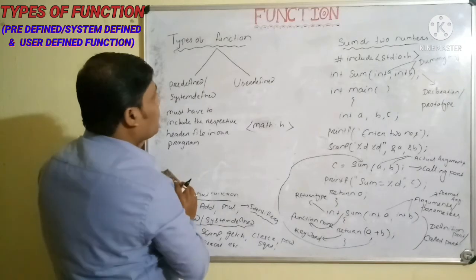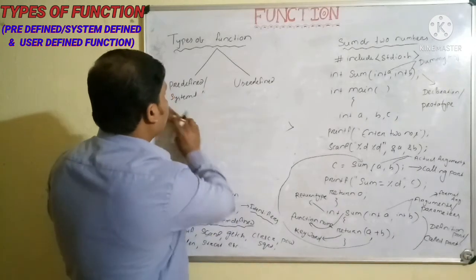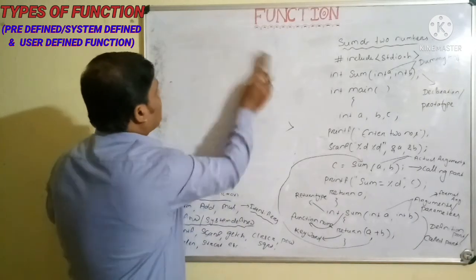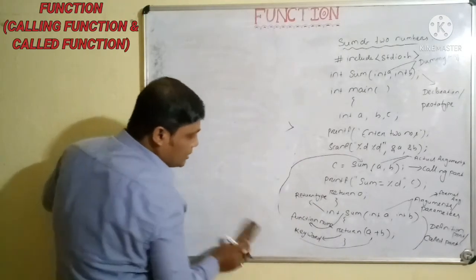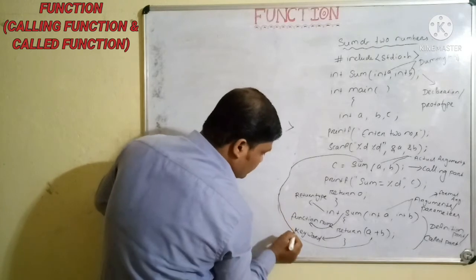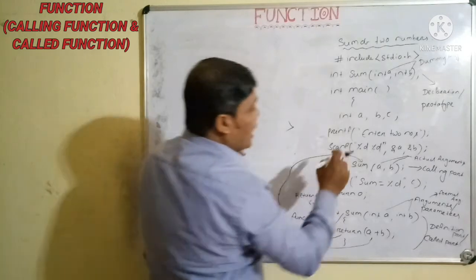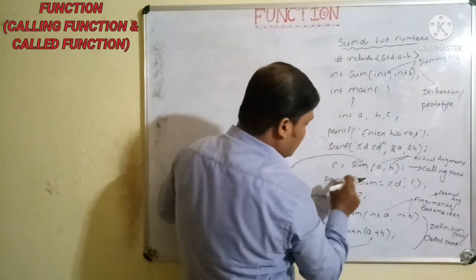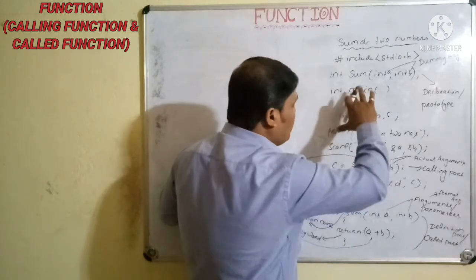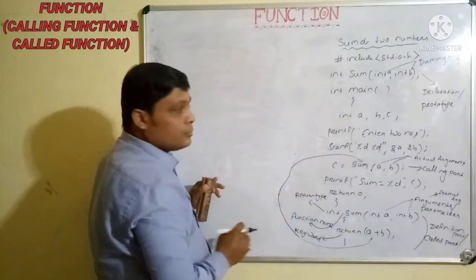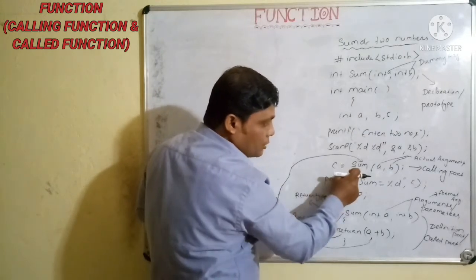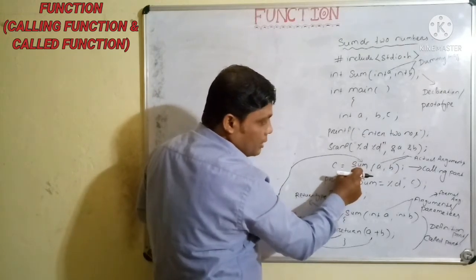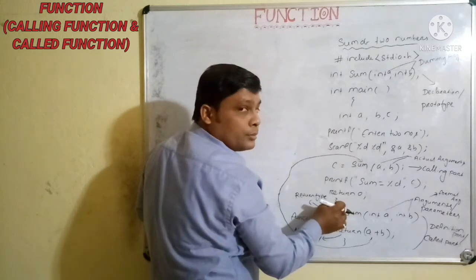Now see. In this example, you can see I have called this sum function from the main function. This is the starting of main, this is the ending of main. I have called the sum function, this is the calling part, from the main function.